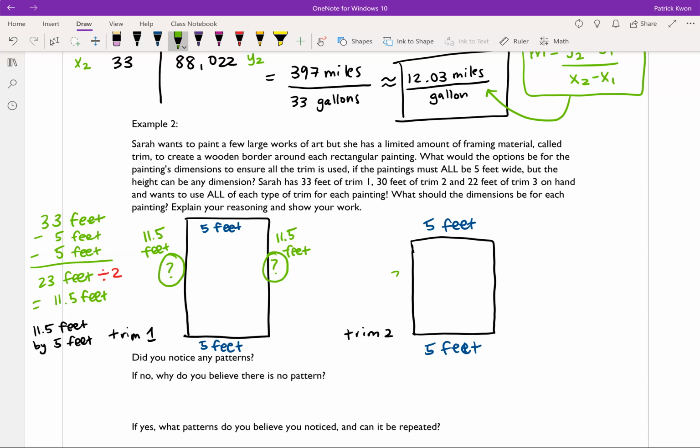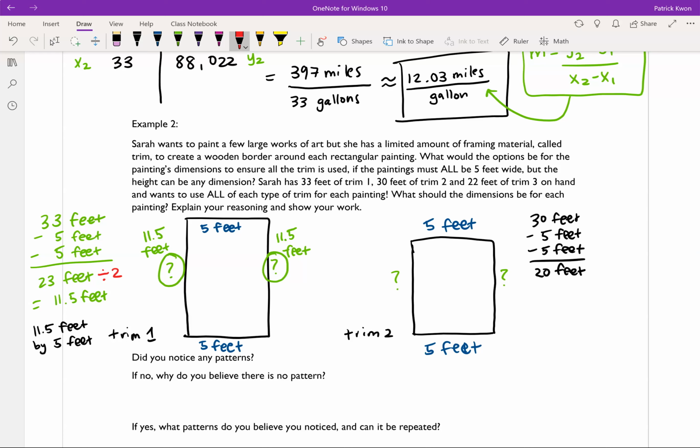And so again, we don't know what that dimension is, but we do know that we have 30 feet in total, and so we can do 30 feet minus 5 feet minus 5 feet. And so that will leave us with 20 feet.